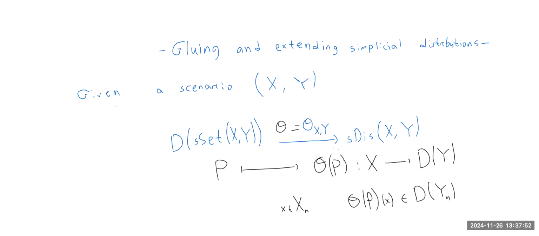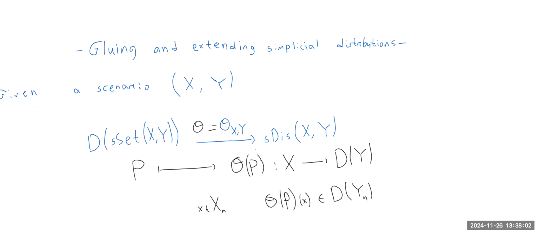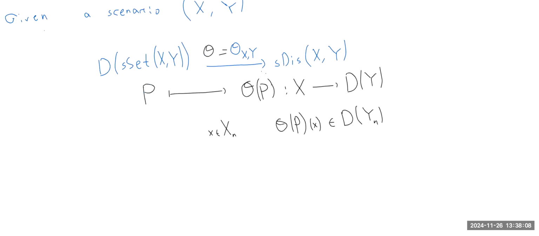Just give the formula, and then I want to say something. To remind you the formula, because the formula was given before, I remember in the first talk. So the formula of this distribution: for y in Y_n, what is the number?